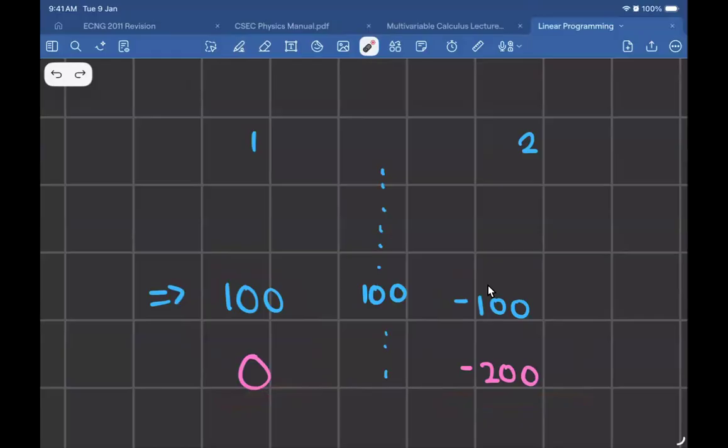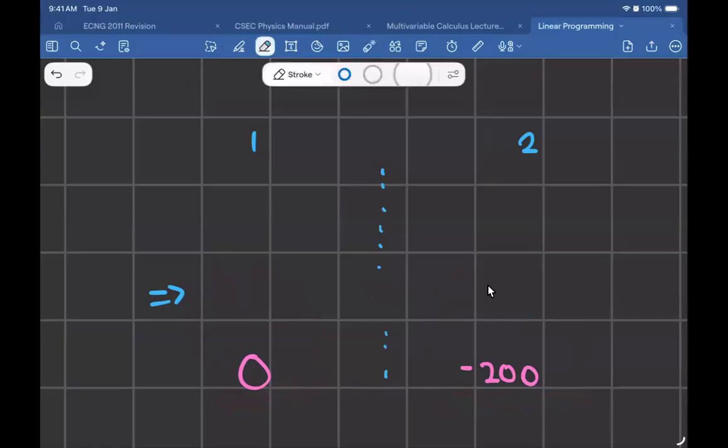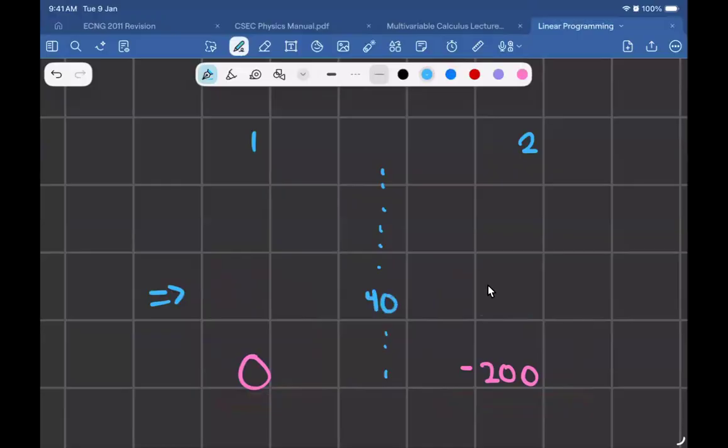Do you understand? Yes, sir. Let's try to deposit even more money. Let's deposit $400. Starting at zero, you deposit 400, your bank would now have $400, correct? Yes, sir. If you deposit $400 into account two, how much money would you now have? 200.